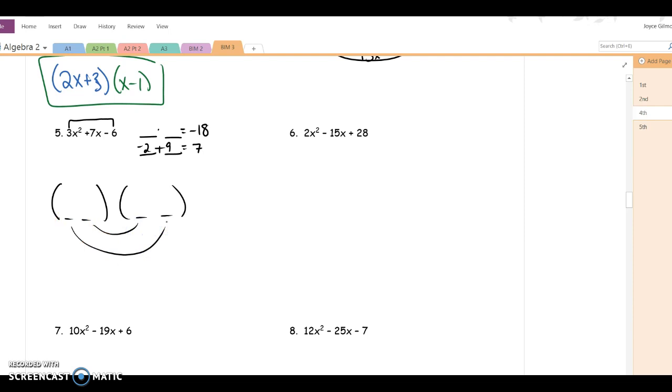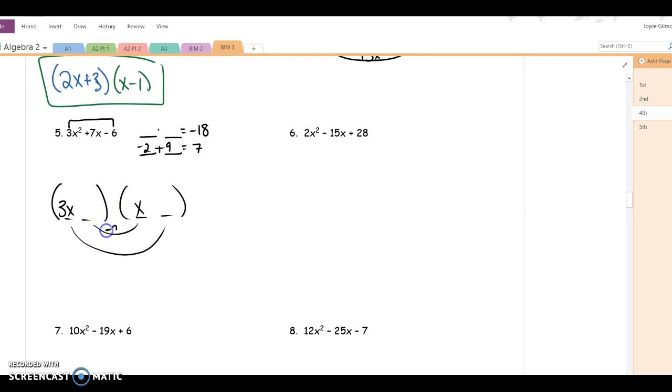first you need to think about the first blanks. The first term of each binomial will multiply to give us 3x squared. What do you think those blanks are going to be? 3x and x. 3x times x will give you 3x squared. Then think about it strategically. Should we put the negative 2 on the little arc associated with 3x? Probably not.